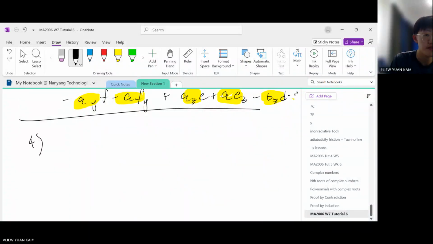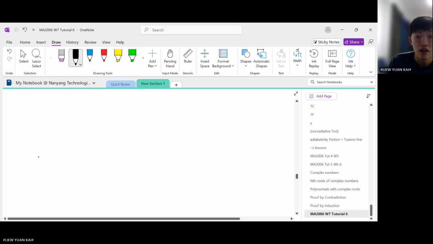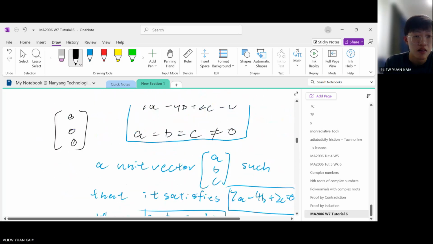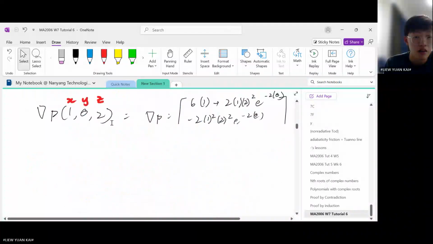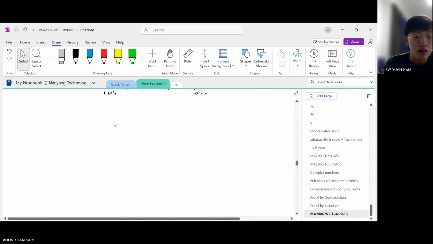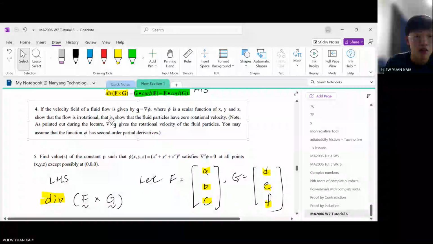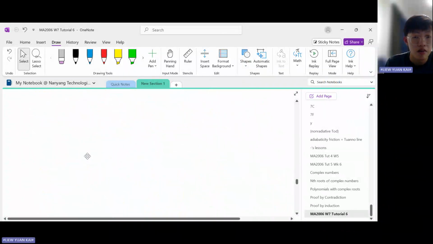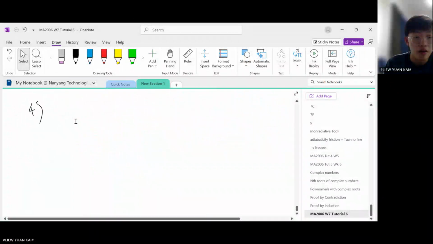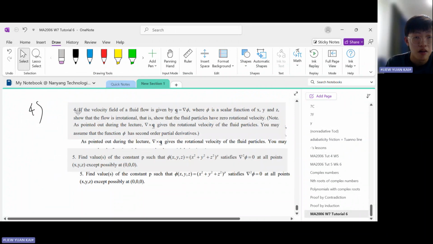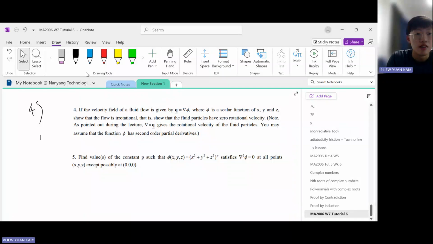Question 4. Question 4 states: if the velocity field of a fluid flow is given by q equals nabla phi, where phi is a scalar function, show that the flow is irrotational.